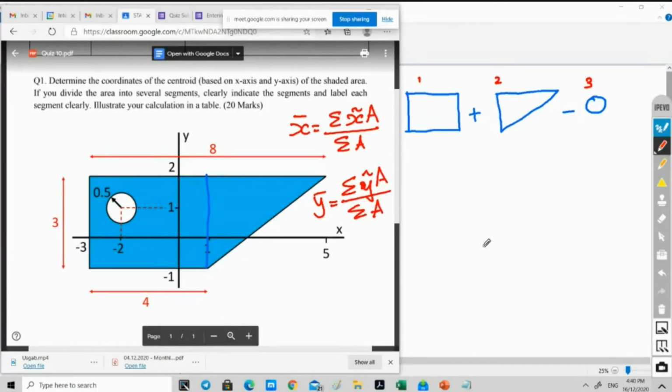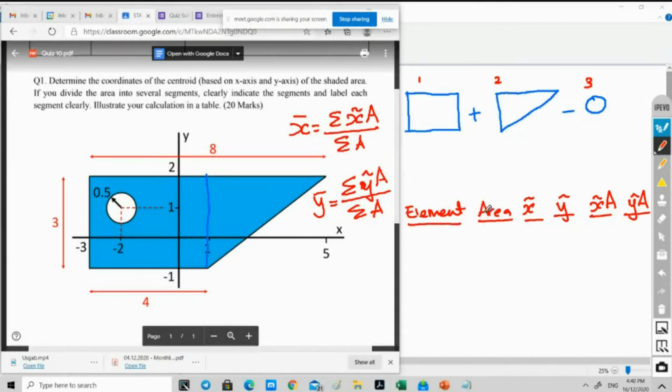So in terms of the table, we will have the element which refers to 1, 2, and 3, and then we have the area, and then x with y with, and from there you can get x with a, y with a, right? So that in the end we can compute summation of x with a, divide by summation of area, you get the x bar. Similarly for summation of y with a, divide by summation of area, you get y bar.